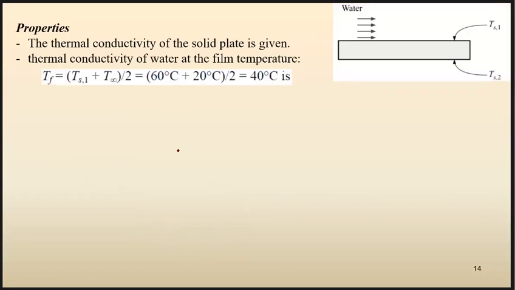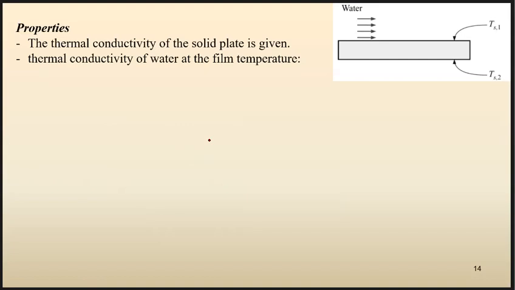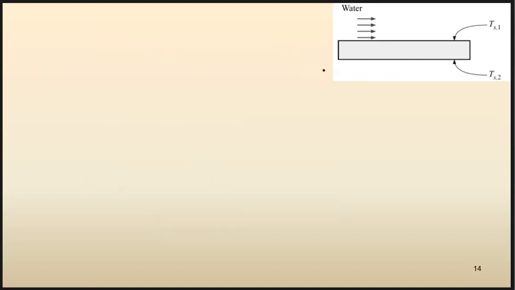That's why the energy balance for the control volume on the upper surface takes this form. More specifically, I'm using a control volume at the surface. So I imagine a very thin layer of nothing at the surface.